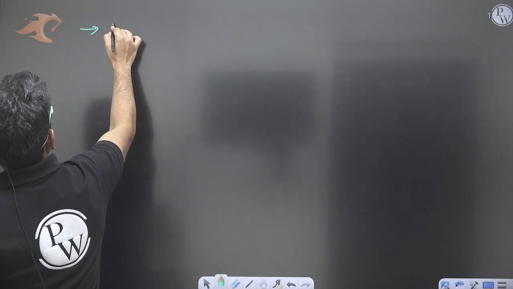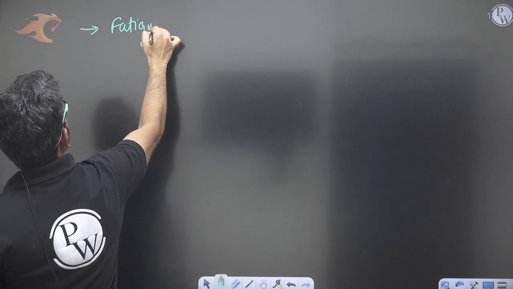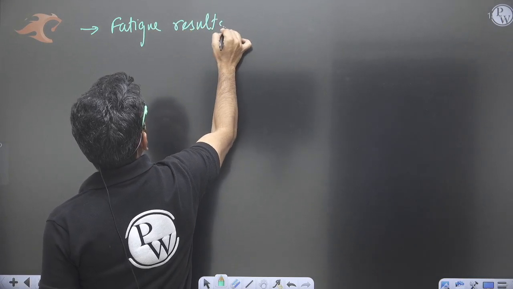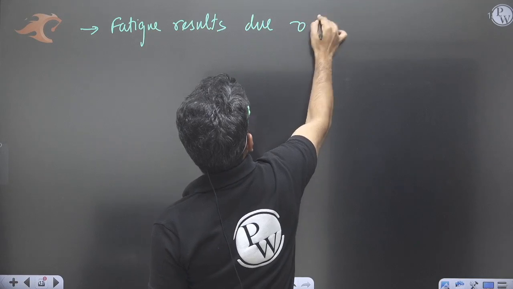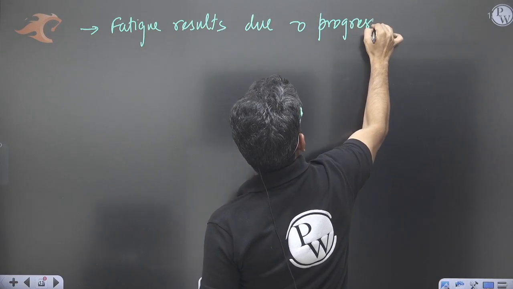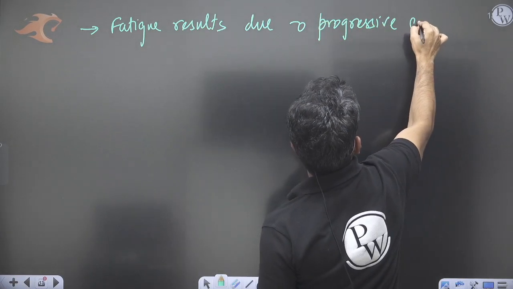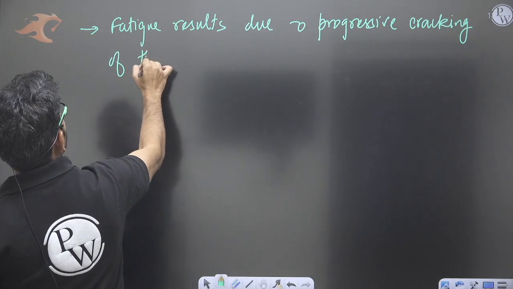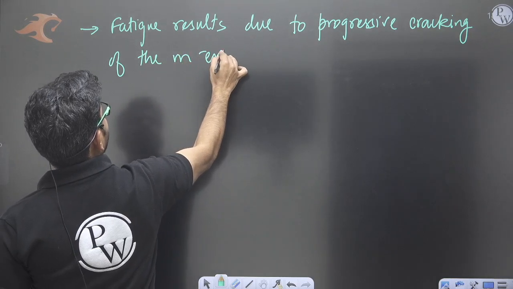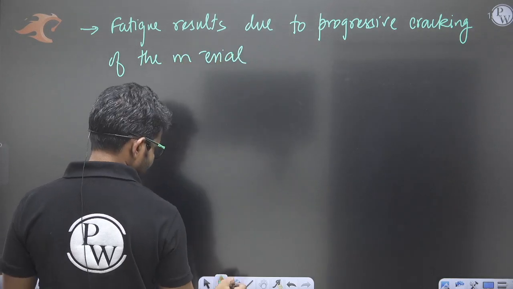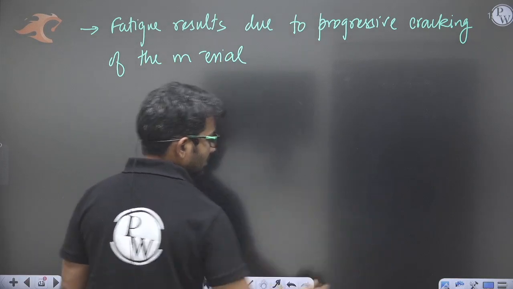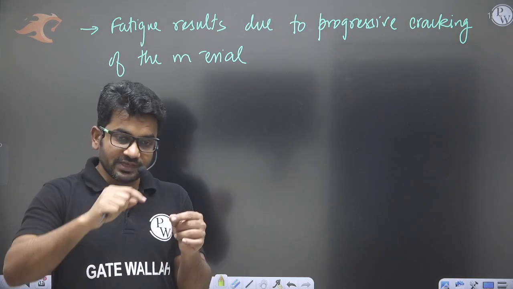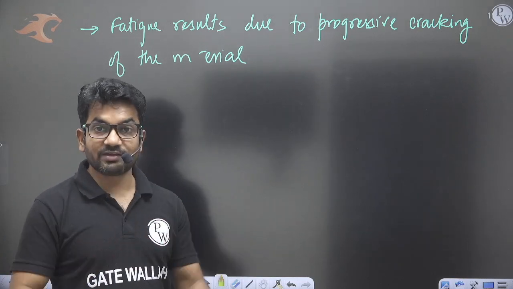So fatigue results due to progressive cracking of the material. That means if there is a rough surface, we will find an opportunity that a crack will start from there.